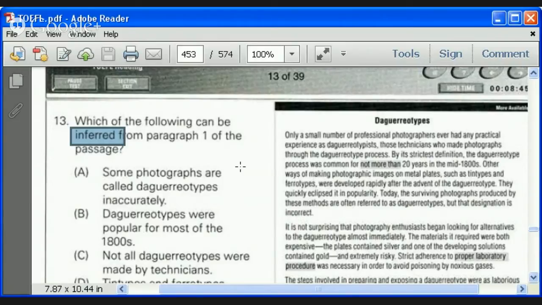In TOEFL or IELTS, the inference is a very short shuffle, a baby step. It is not much of a stretch. It is very obvious that your inference must be true based on the information.